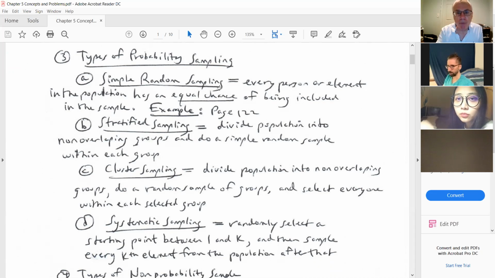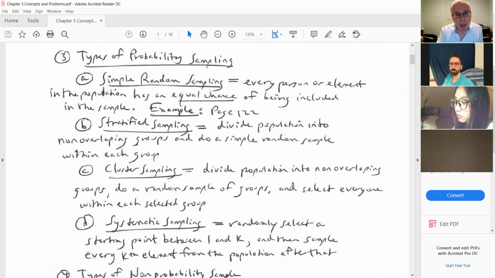Oh, okay. So let me just briefly review it again. So probability sampling means we're using some random sampling. We're assigning a probability to each person in the population. Simple random sampling means we're creating a sample. Maybe let's say 100 people out of 1,000 of the population. 100 is going to be our sample size.